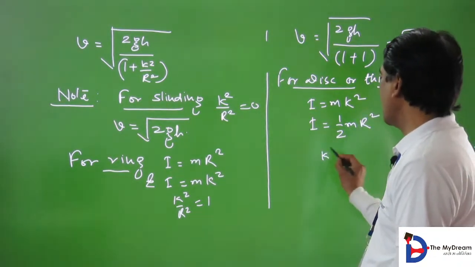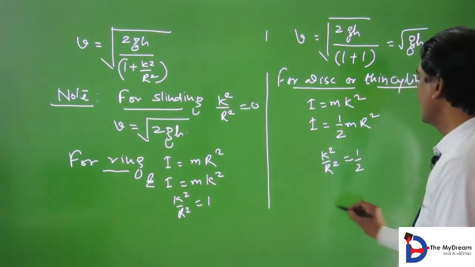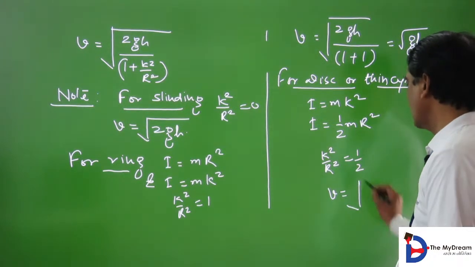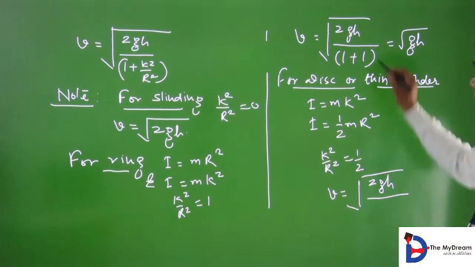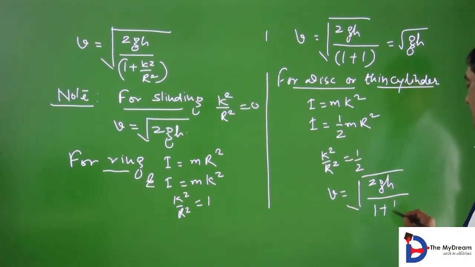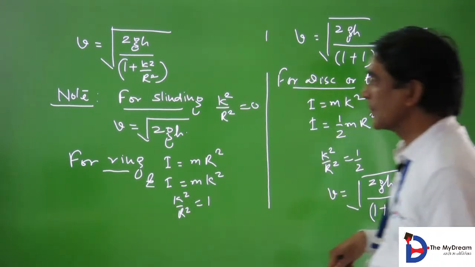So k square by r square is equal to 1 by 2. Then you will see V is equal to under root twice of gh divided by 1 plus 1 by 2, that is 4gh by 3. It means in comparison to the ring, the cylinder reaches faster.